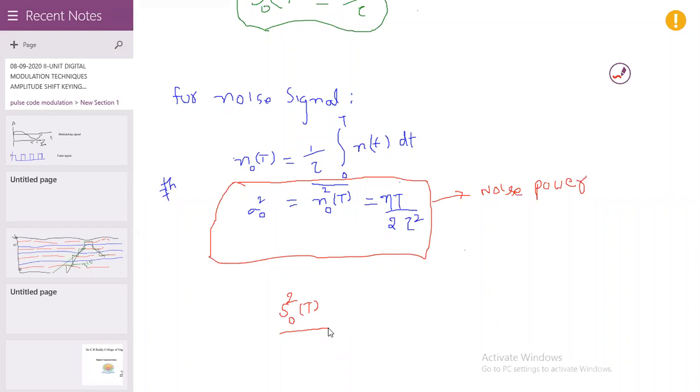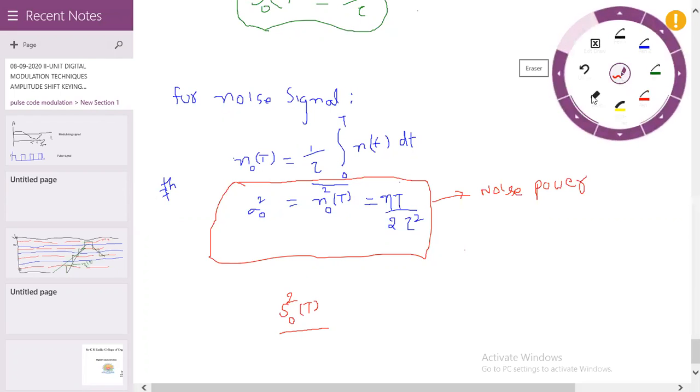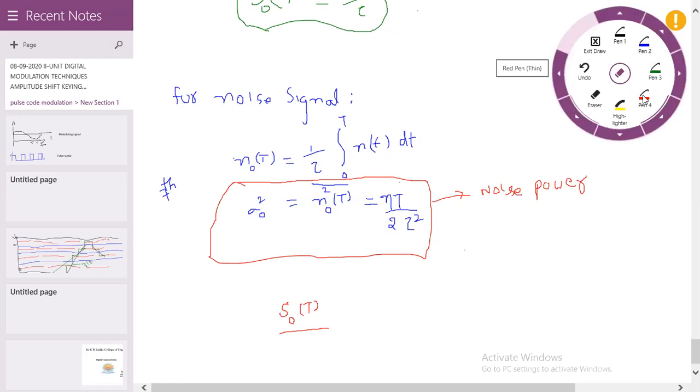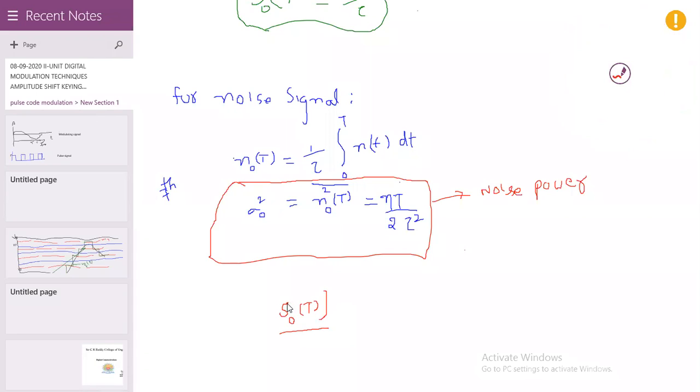Here the resistance is 1 ohm, normalized to 1 ohm. That's why we can square it, so we can easily find the power of the signal. S naught of t whole square is the signal power, and sigma naught square, which is nothing but n naught of t square, is the noise power.